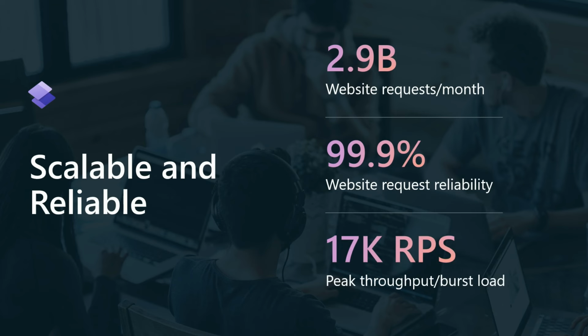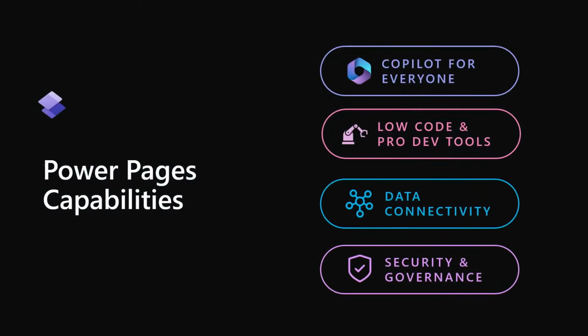The platform serves close to 3 billion website requests per month, with website request reliability upwards of 99.9%. Each website is capable of elastically scaling based on assigned licensing capacity and can handle traffic peaks in the order of tens of thousands of requests per second.